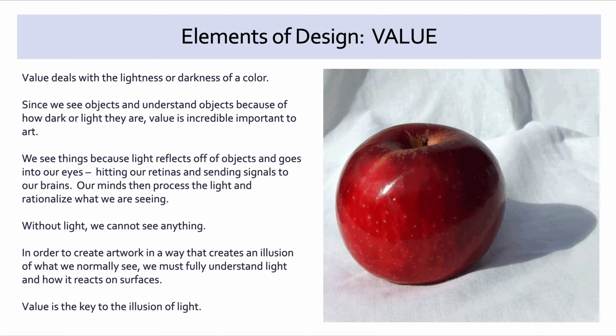Okay, value. When we talk about value, we are talking about the lightness or the darkness of a color. And I'm just going to jump over here to this apple. The apple is clearly a three-dimensional object, and we achieve that even though it's flat. This is not a photo, it's a painting.